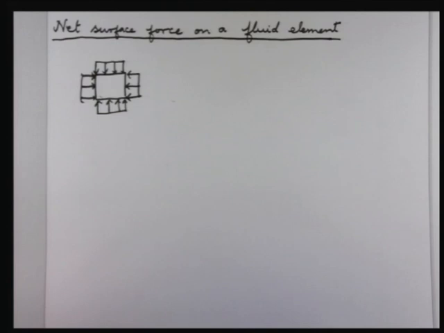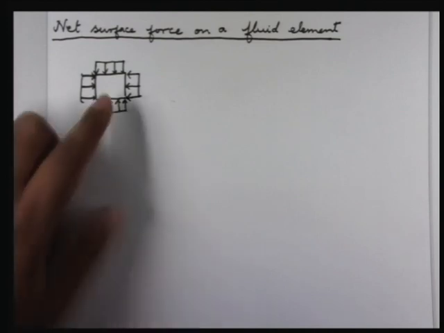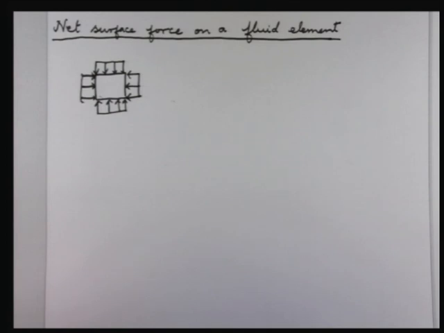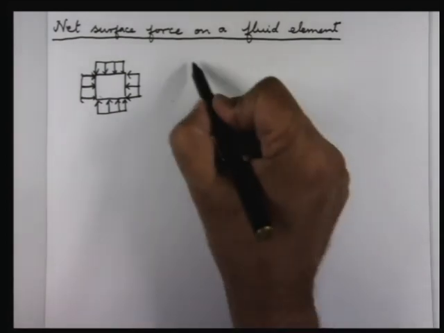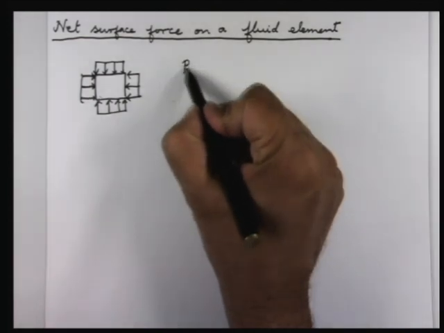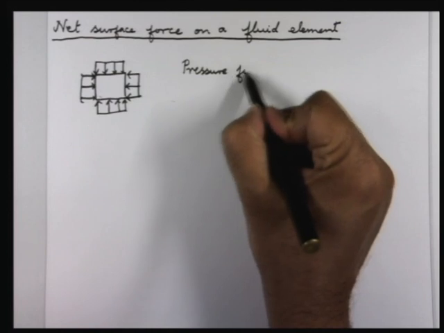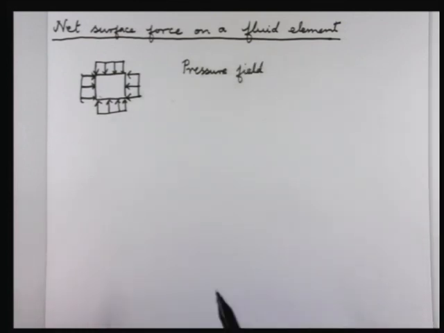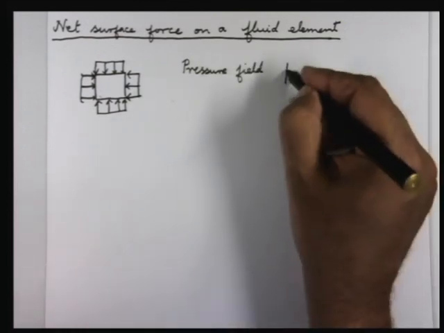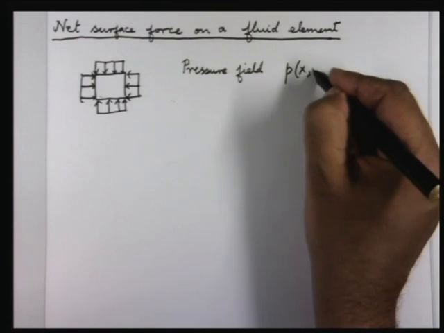So to get an equation which you can solve to find the pressure distribution, now you have to find the net force on a fluid element in terms of a pressure field. So we'll introduce what is called a pressure field, which is a function we'll call P of x, y, z.